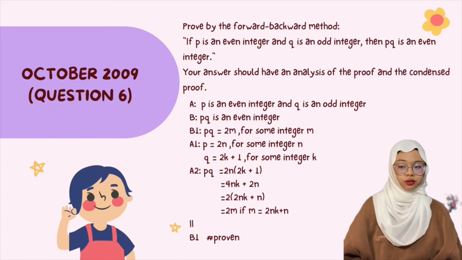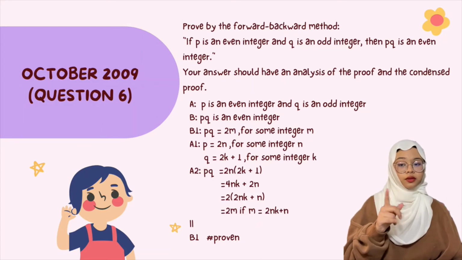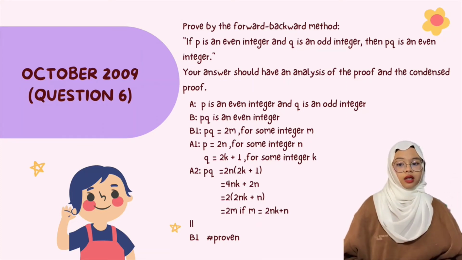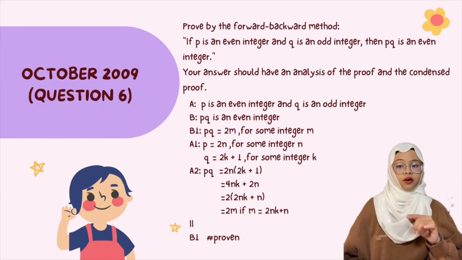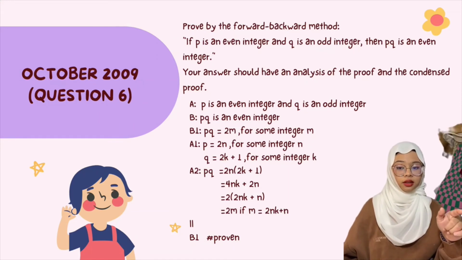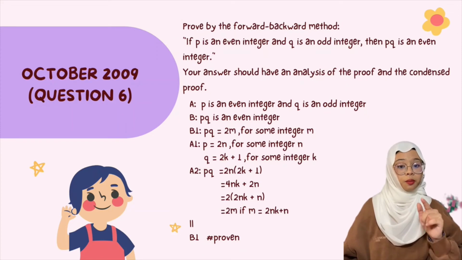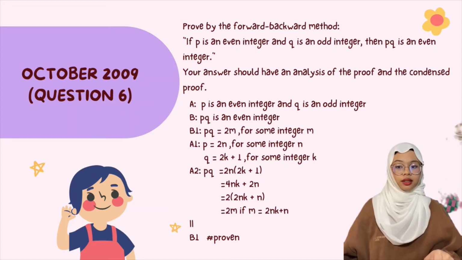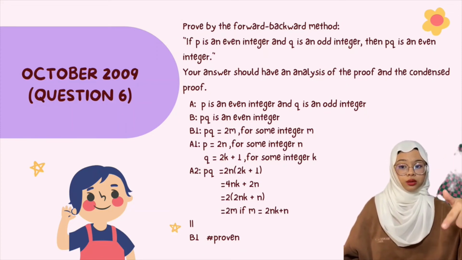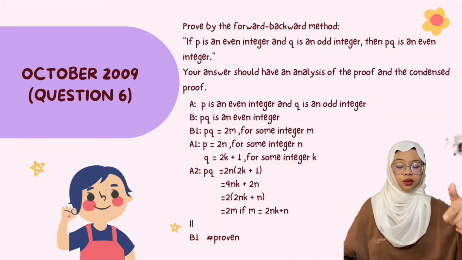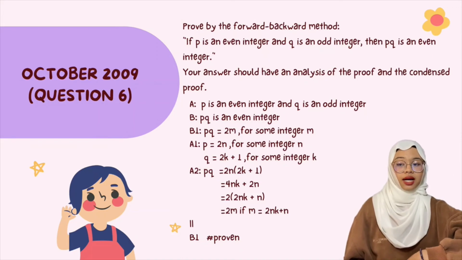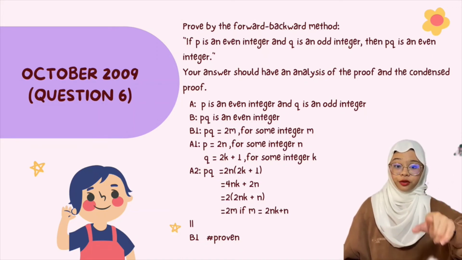And A2: PQ equals 2N in the bracket of 2K plus 1, which equals 4NK plus 2N, and equals 2 in the bracket 2NK plus N, and will equal 2M if M equals 2NK plus N. This shows that B1 is proven.